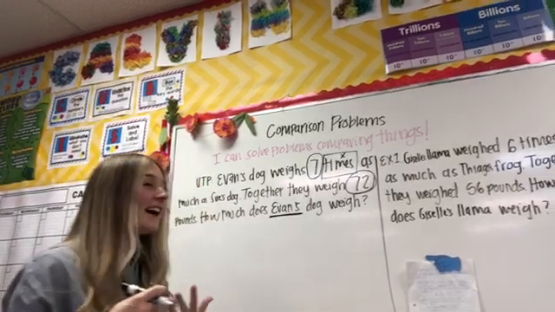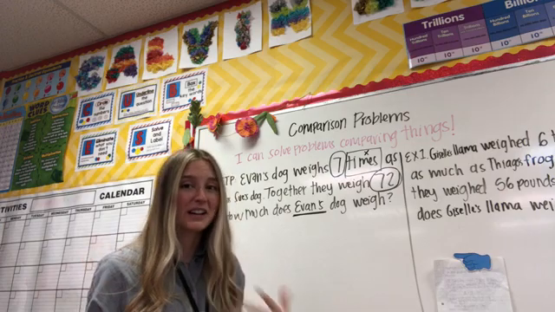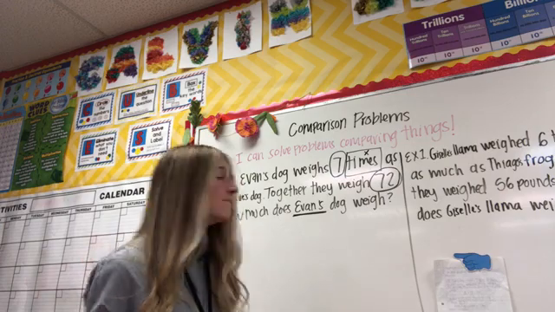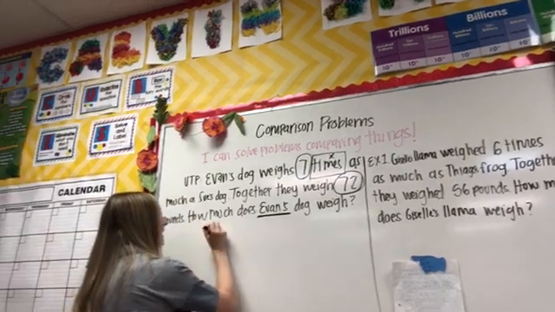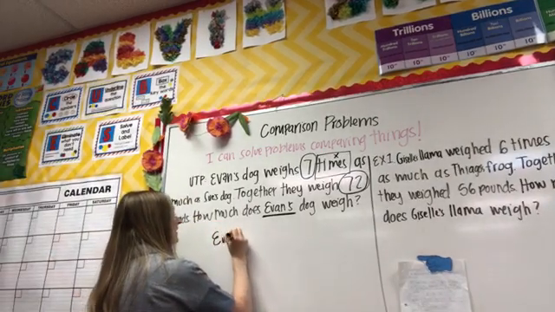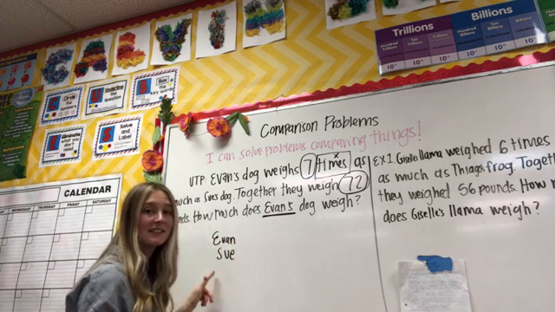I would say you should draw a picture almost every single time you are working on a comparison word problem. So we are going to draw some pictures. I'm going to write Evan here, and then below Evan, I'm going to write Sue, because we're talking about Evan's dog and Sue's dog.